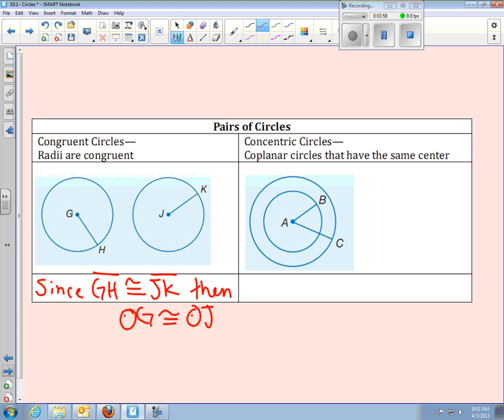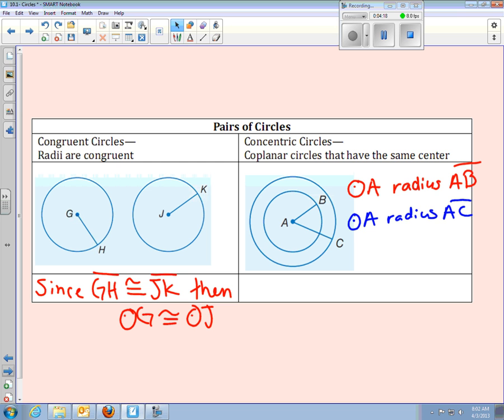So if you look, we're actually going to name these circles both circle A. But we're going to have circle A with a radius of AB, and that's talking about our small circle. And then we're going to have circle A with a radius of AC. So same circle centers, but they have different radii.